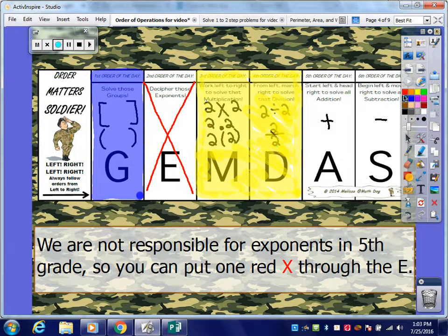We're going to use this green to shade in both addition and subtraction. So in your mind, think about, if I shaded in multiplication and division with yellow, both of them, why might I be shading in addition and subtraction with the same color as well? Turn to your partner and explain to them what you might think.